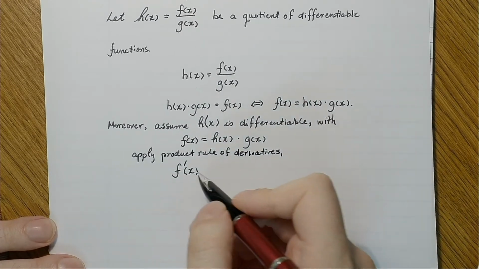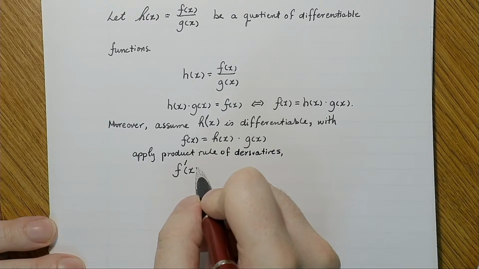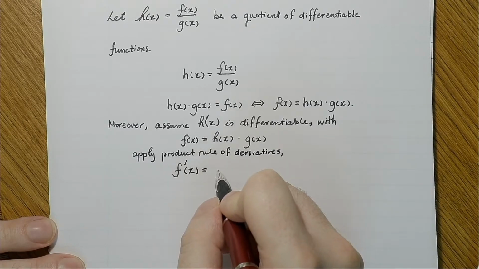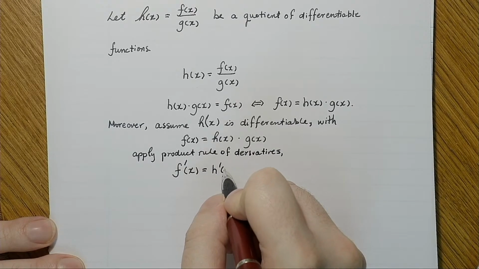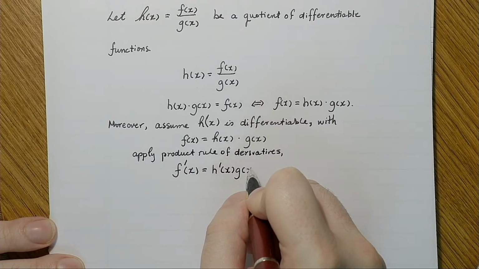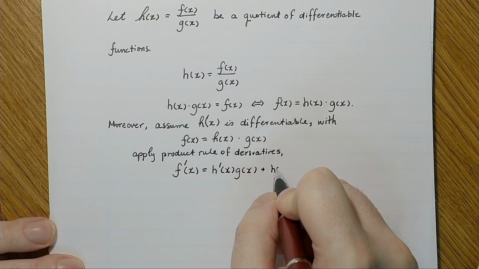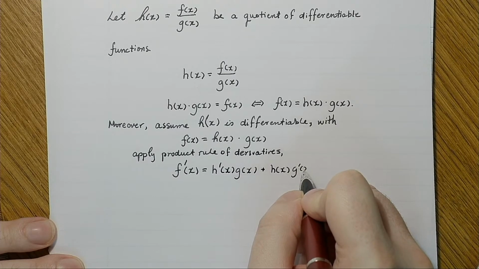So applying the product rule, I have h prime of x, g of x, plus h of x, g prime of x.